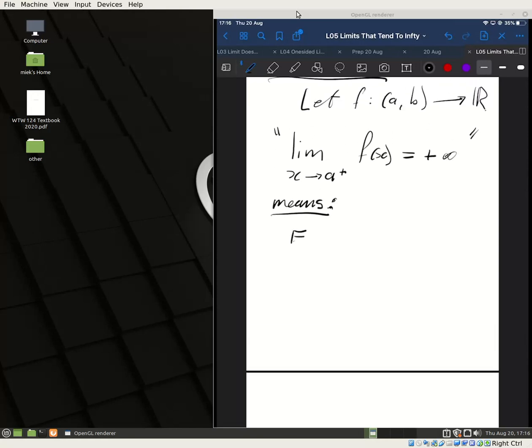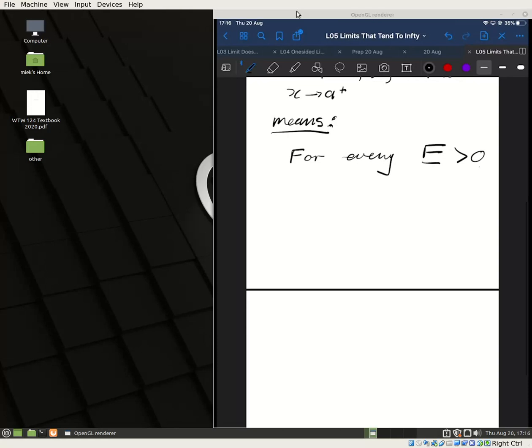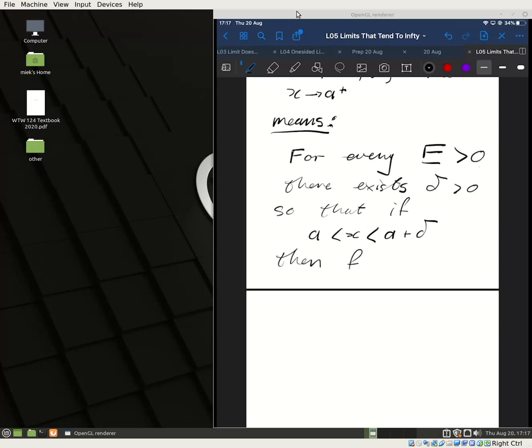For every positive number, capital E, there exists a delta greater than 0, so that if x is to the right of a but still within a delta distance, then f of x is bigger than E.